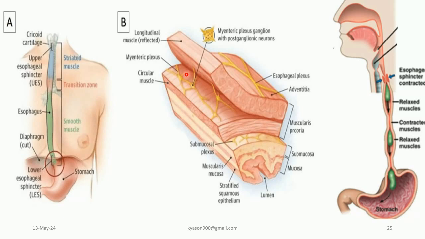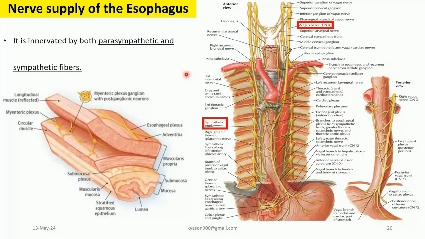But these intrinsic nerve fibers are always controlled by extrinsic nerve fibers. What are the extrinsic nerve fibers? The extrinsic nerve fibers are those fibers of the autonomic nervous system. The autonomic nervous system is that division of the nervous system that always controls structures that you can't voluntarily control on your own.